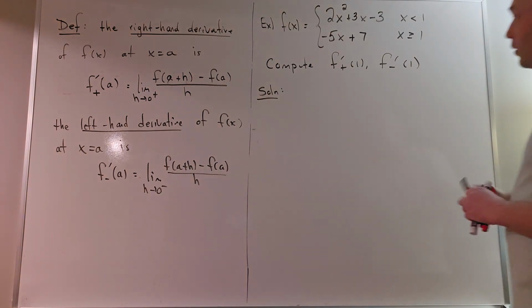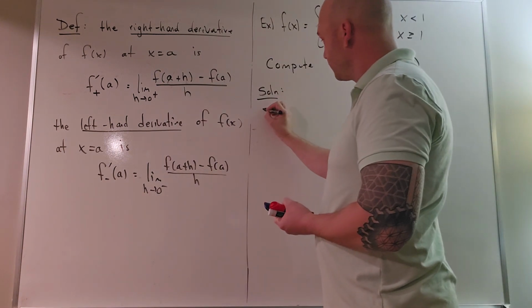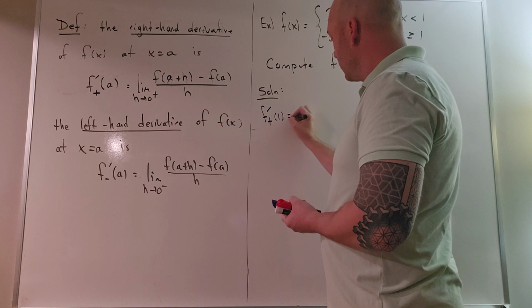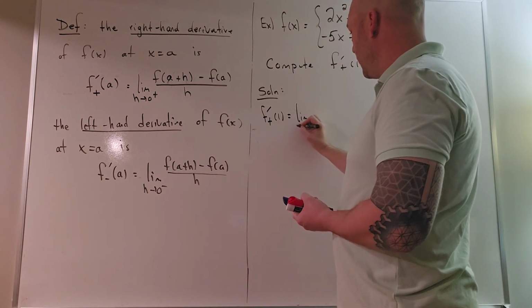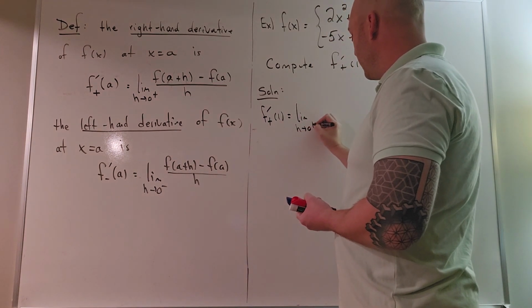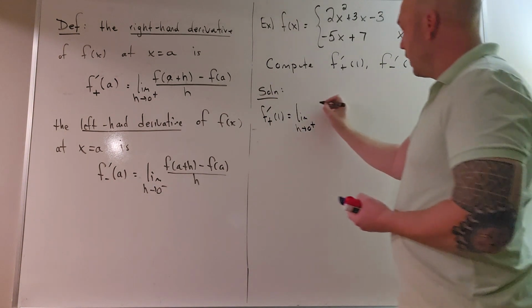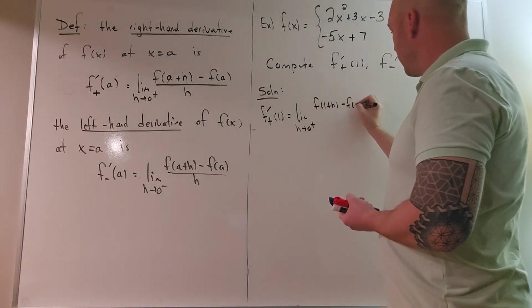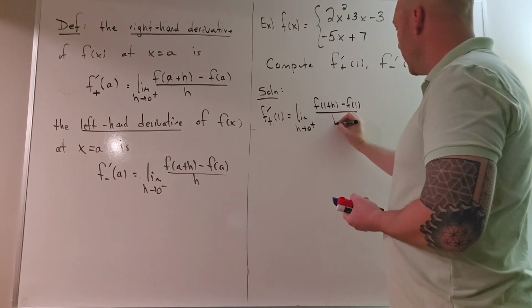Starting with the right-hand derivative, f prime plus at 1 is the limit as h approaches 0, again from the right, of f of 1 plus h minus f of 1 all over h.